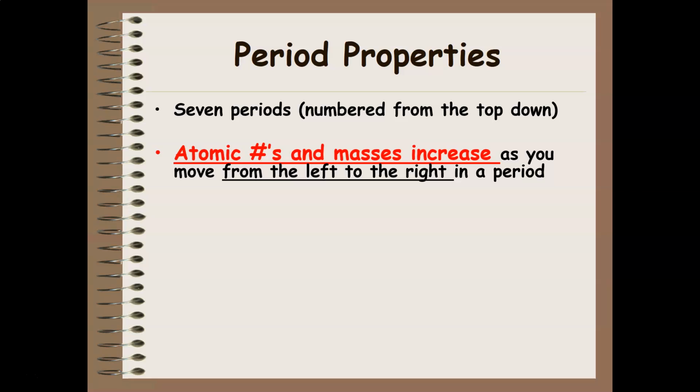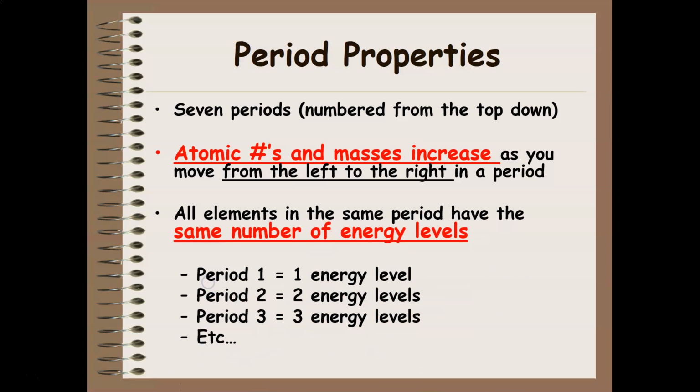The other thing that's interesting about the periods is that all elements in the same period have the same number of energy levels. If it's in period 1, it only has 1 energy level. If it's in period 2, it has 2 energy levels. If it's in period 3, it has 3, and so on.